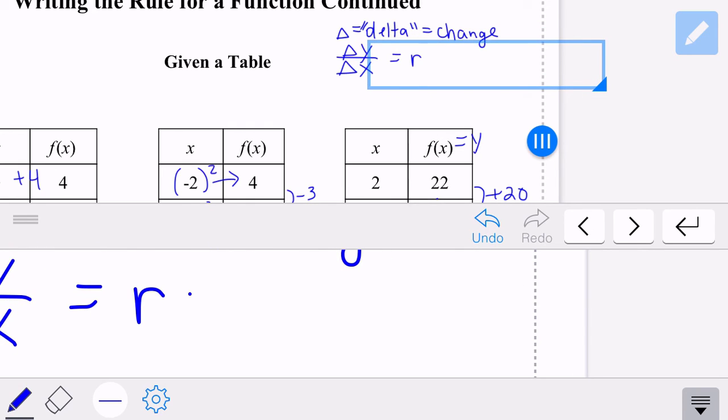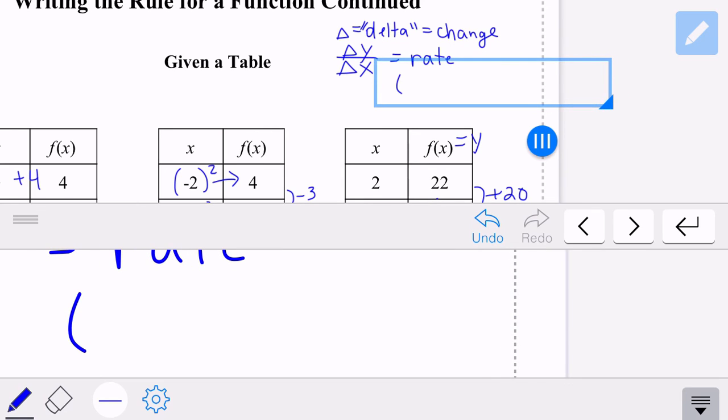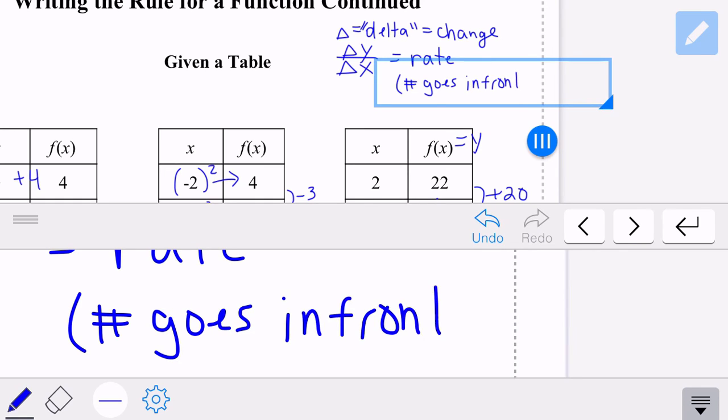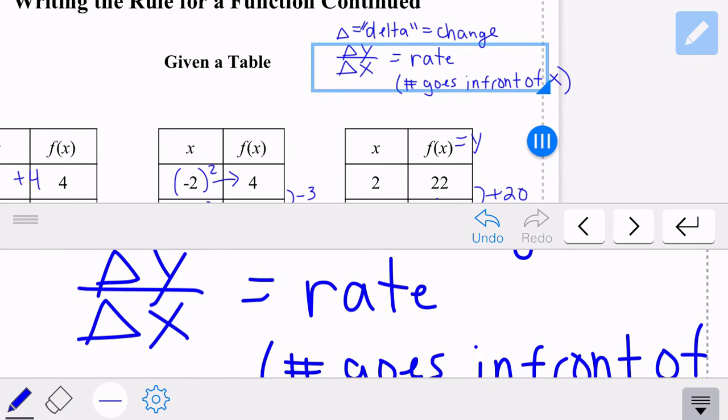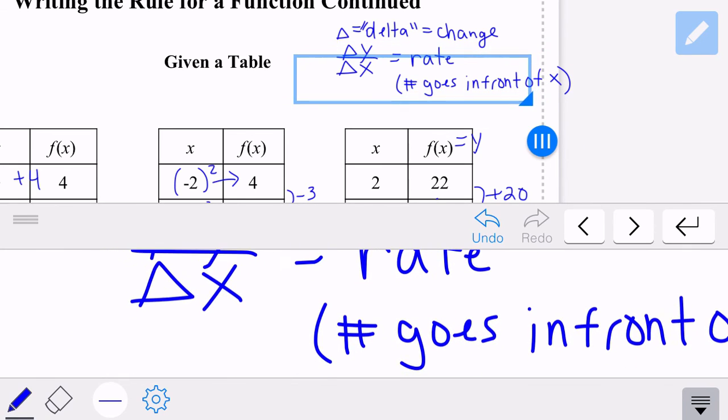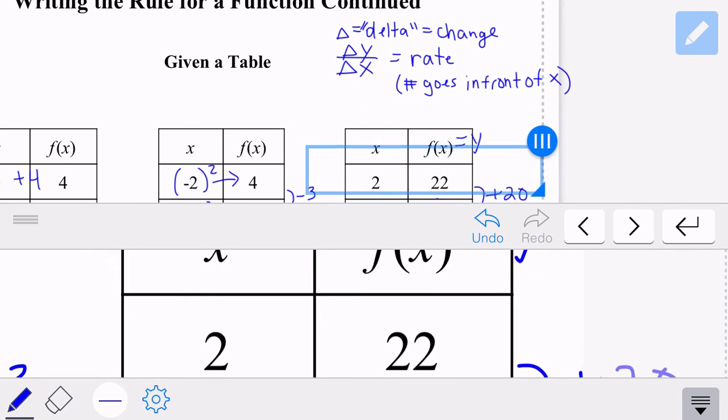So that's going to be our rate, and that's going to be the number that goes in front of our x. So really what that's finding is how much is your y changing every time your x changes by 1. So that's why it goes in front of the x. It's like the y changes per x change.